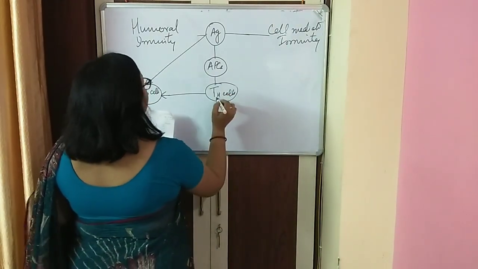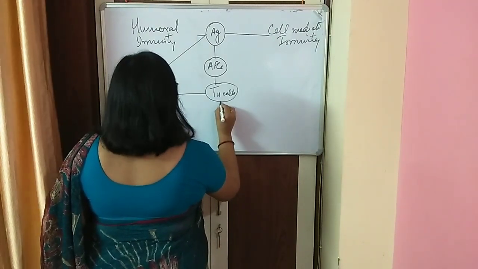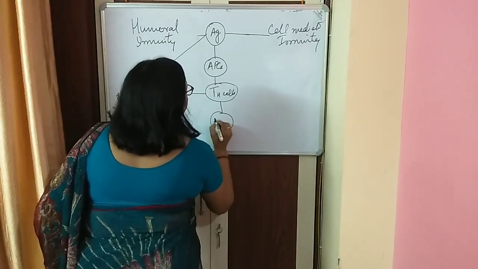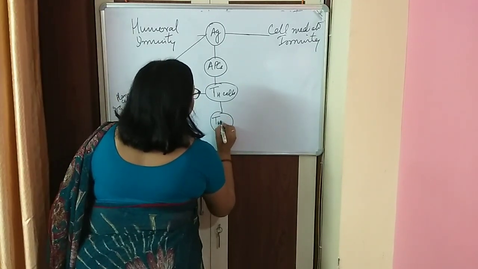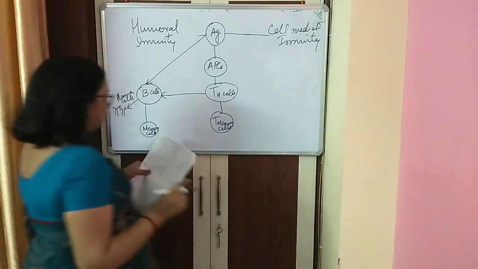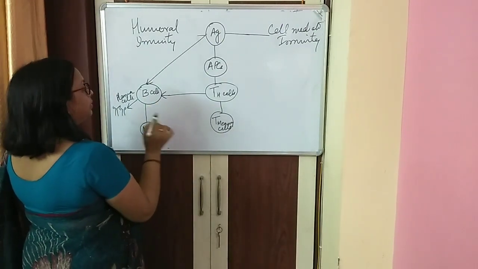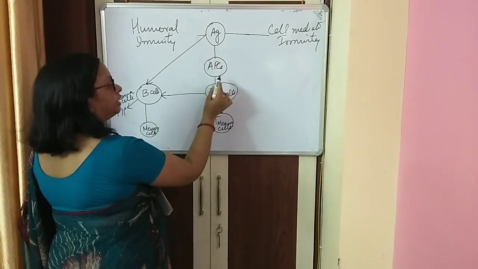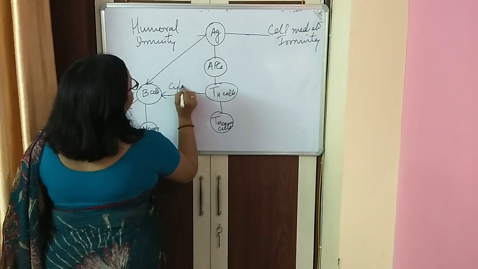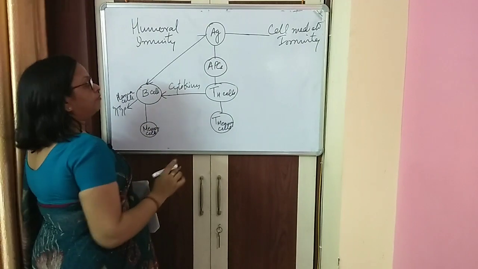And here also, this T helper cell, after stimulation, can also convert into T memory cells. This is the new thing: like B lymphocytes, they convert into memory cells. T lymphocytes also, after getting stimulated, release certain factors or cytokines, and then they will activate B lymphocytes.